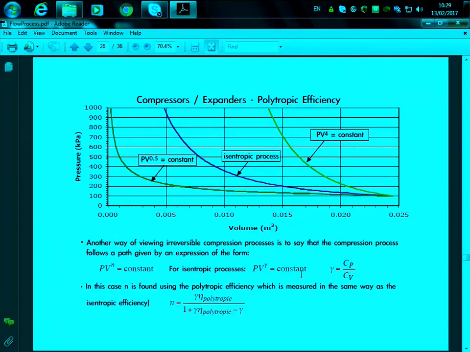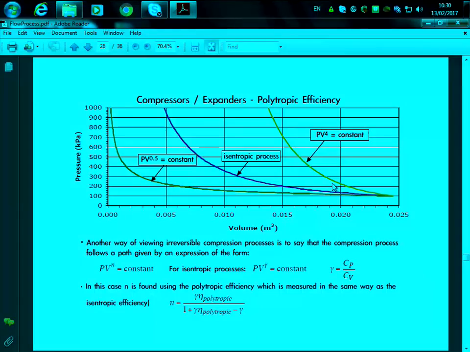So usually for air we will have a gamma value of 1.4 more or less. And for most gases it will go from 1 to 1.4. Okay, so here we're looking at really extremes, fluids that will behave very differently.